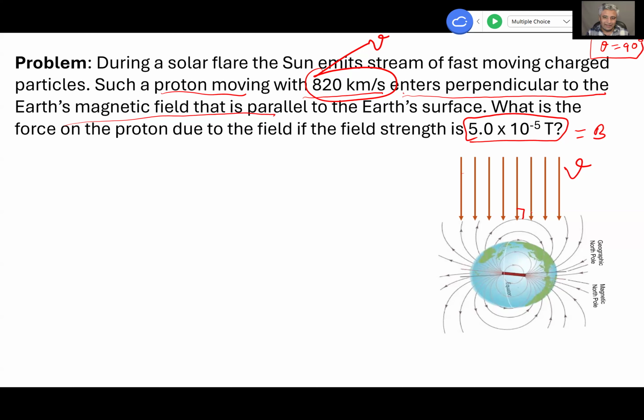That's what it is saying. So V is pointing down and B is going left to right in this diagram. I think I drew another big line to make it more visible. It is like one of these lines here, you see.